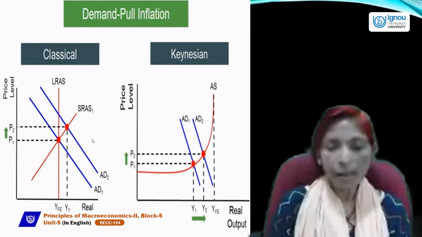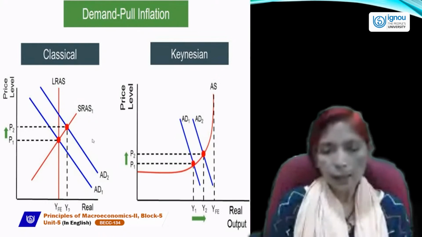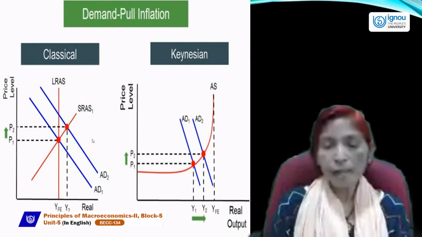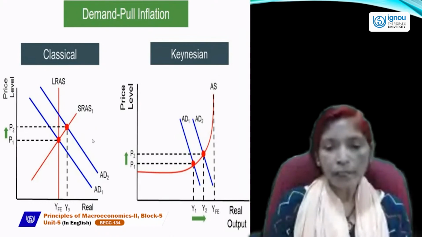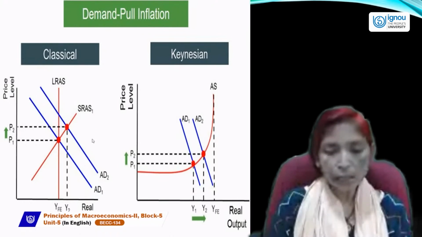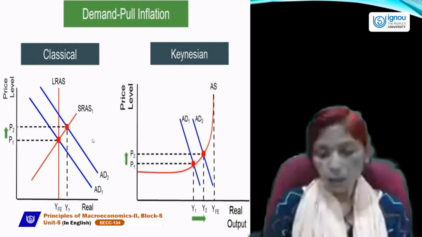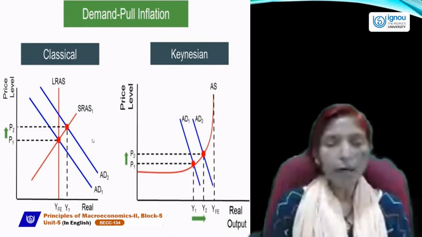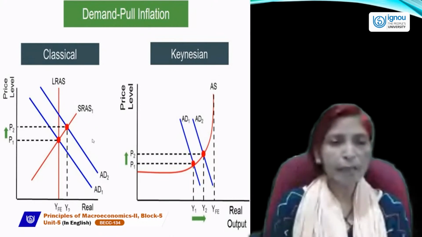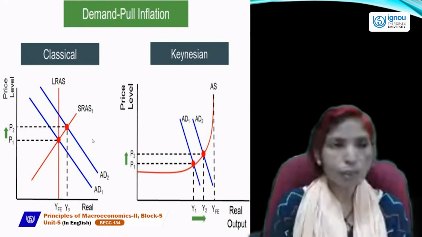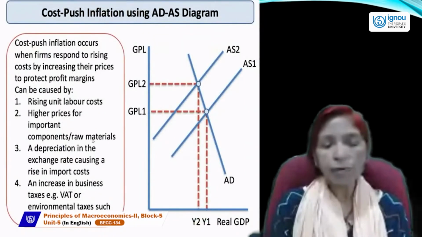One is the Keynesian range, another is the intermediate range, and last is the classical range, which is the perfectly inelastic range. So if aggregate demand increases in the intermediate range, then price level will also increase, and this will show the situation of demand pull inflation. So this is the basic difference between the classical and Keynesian approach of demand pull inflation.